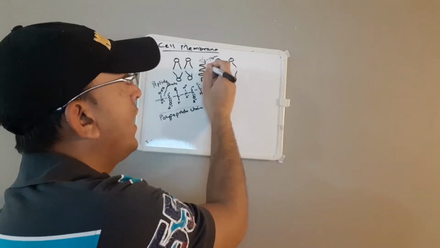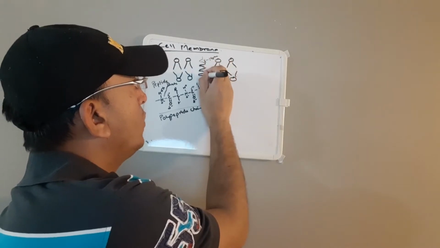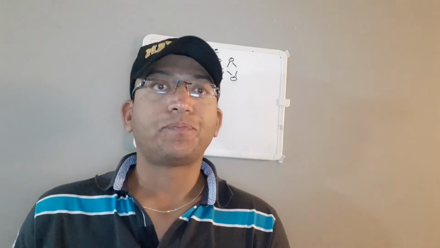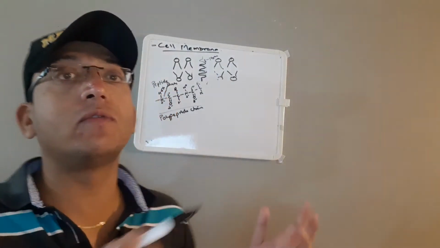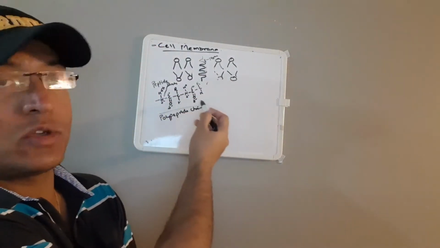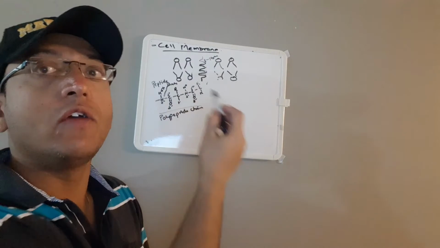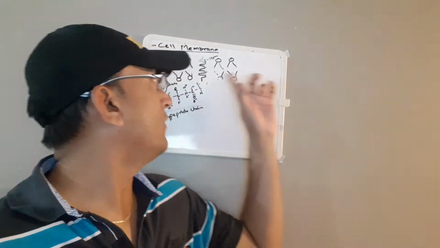The hydrogen bonds will be maximized when it forms an alpha helix, because if it is straight like this, the hydrogen bonds will not form that much, but if it forms a structure like an alpha helix, the hydrogen bonds will be maximized.